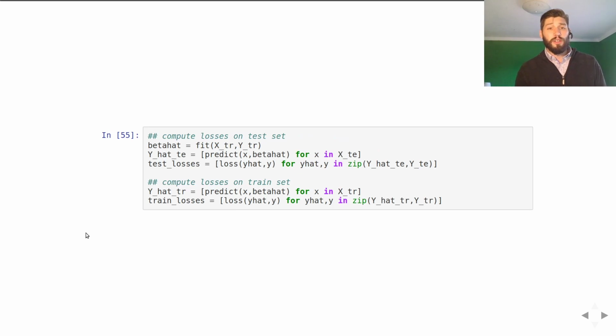Okay, so we're going to fit on our training data. We're going to predict on our test data. This is using our fit and predict methods that I constructed by hand. And then we'll compute our losses for the test data. And then let's also do it for the training data, right?